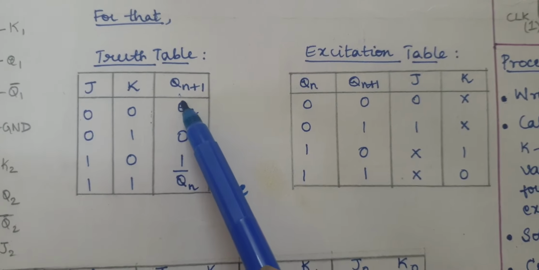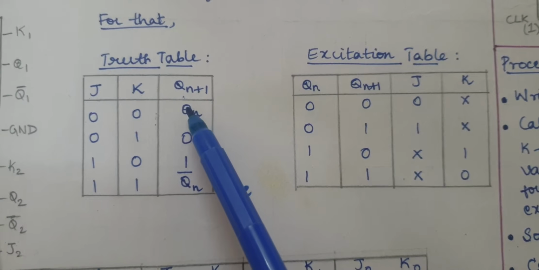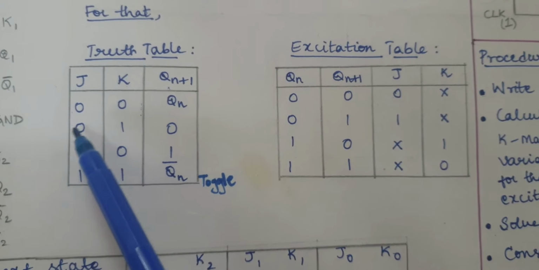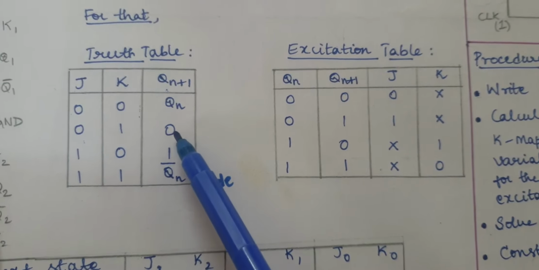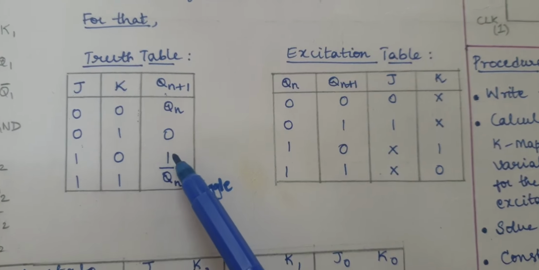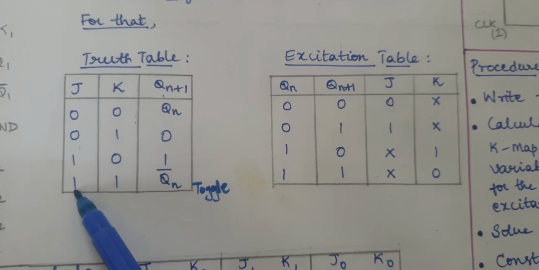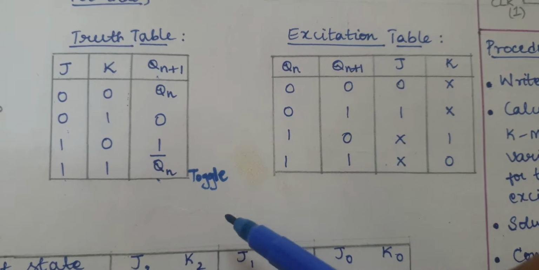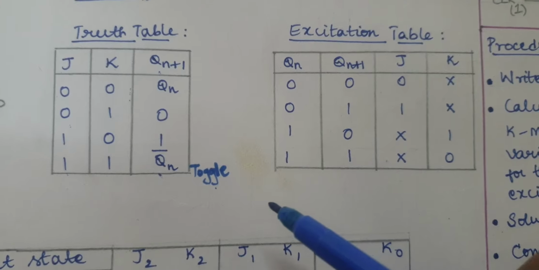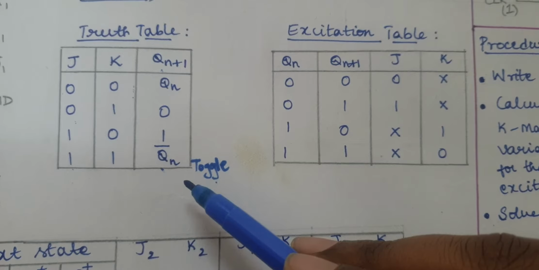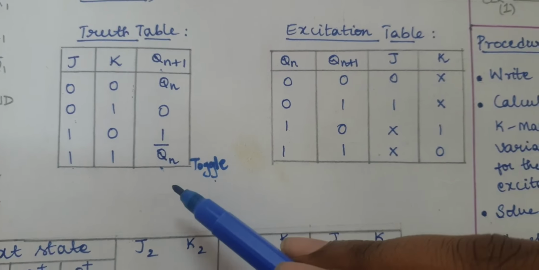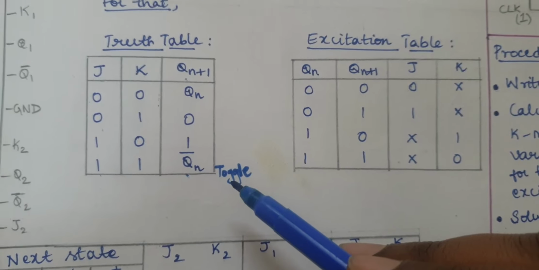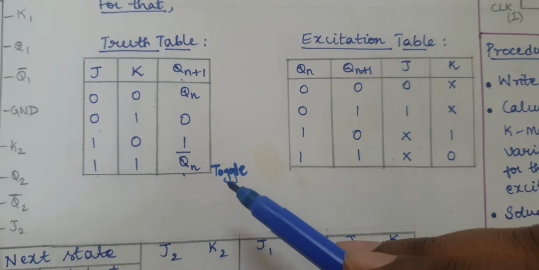Here Qn is my present state, Qn plus 1 is my next state. If it is 0, 1, it is 0. If it is 1, 0, it is 1. If my J input is 1 and K input is 1, it is Qn bar. Qn bar is also called the toggle state. It means there is a fluctuation of 0 to 1 and 1 to 0. We'll learn more about toggle state when we start demonstrating this particular experiment.